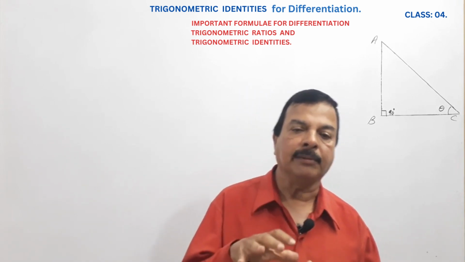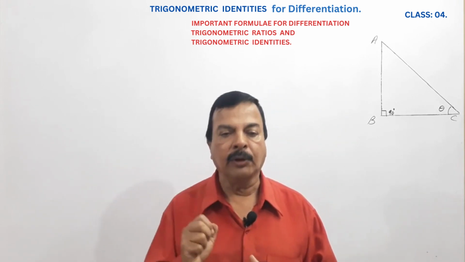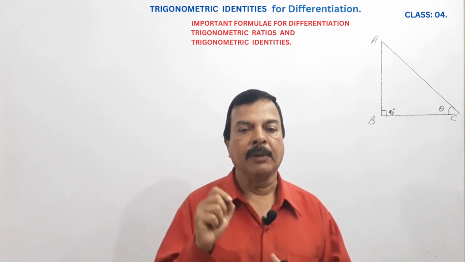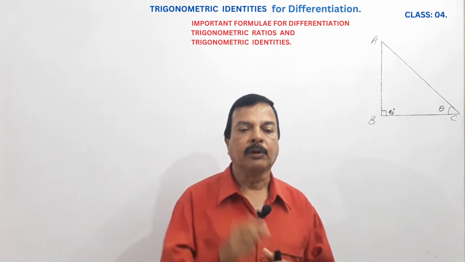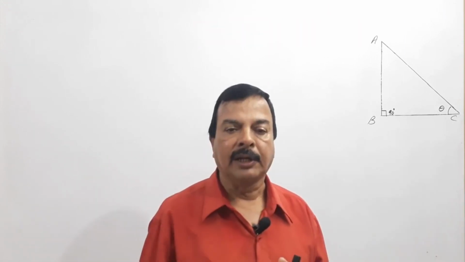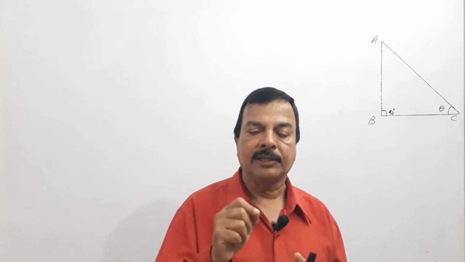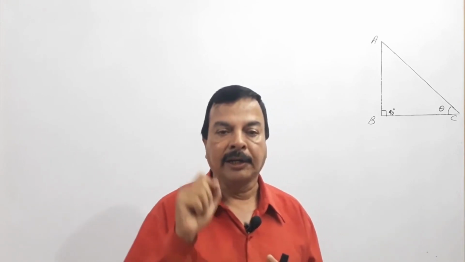With this setup, if you are good in all this, definitely I'll make maths easy for you, otherwise it will be difficult. So I want you to follow my classes regularly. Let's start differentiation, that is trigonometric identities.